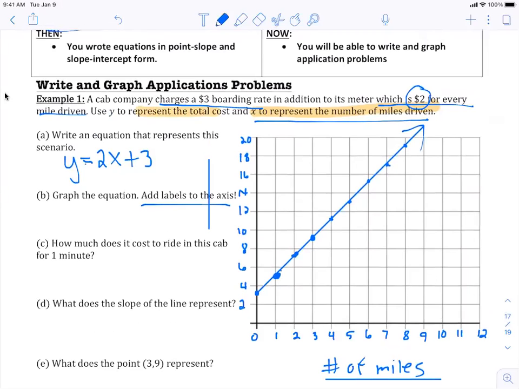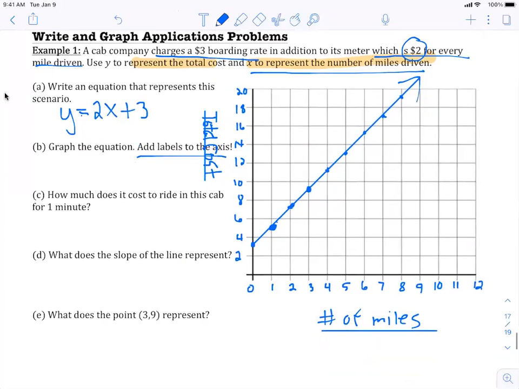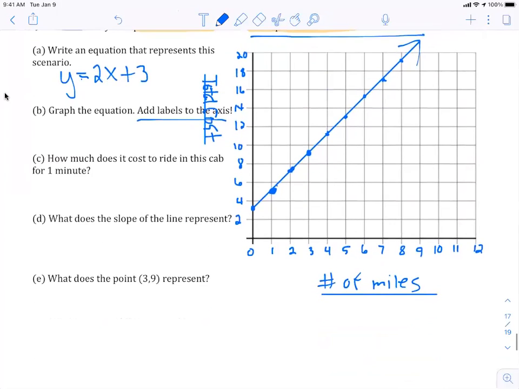So my y-axis is going to represent the total cost. Keep in mind, that's what all of your points recognize, since it's always x comma y. All of these points just have that deeper meaning. It just means that X represents the number of miles and Y represents the total cost.